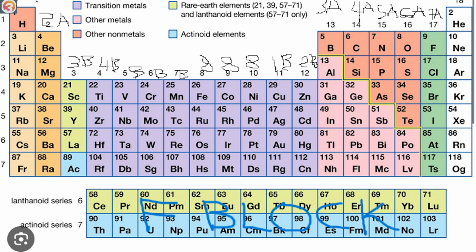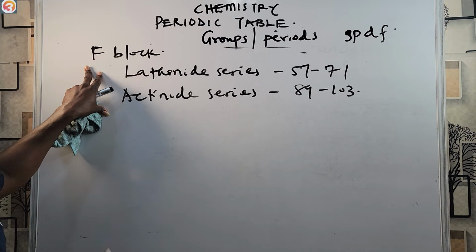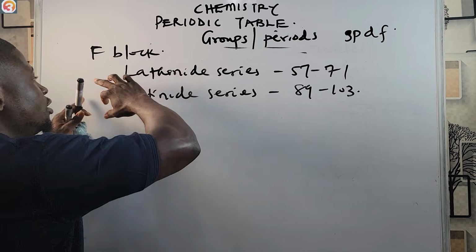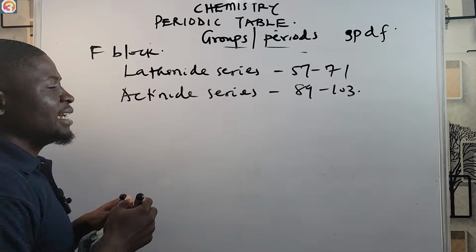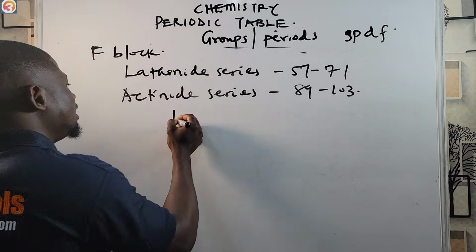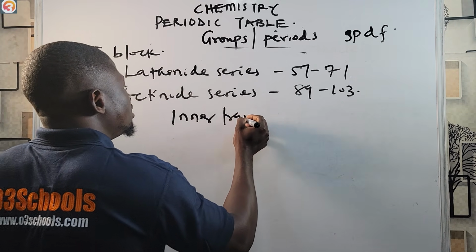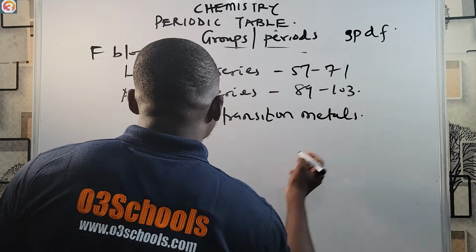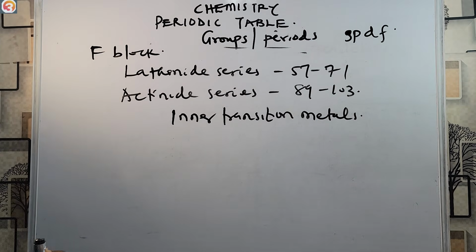They are called the F block elements because their outermost electron lies or resides in the F orbital. That's why they are called the F block. Together, the lanthanide and actinide series are called the inner transition metals.